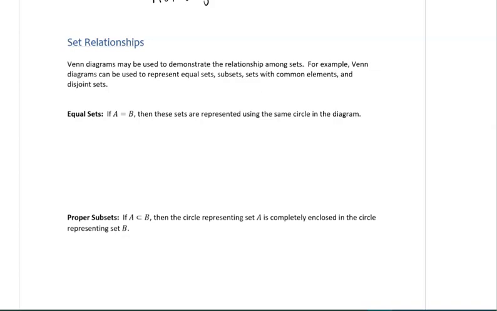If A equals B, then these sets are represented using the same circle in the diagram. So basically, if we created a Venn diagram here, we would have one circle that represents set A and that also represents set B. So we can even write A equals B off to the side there.